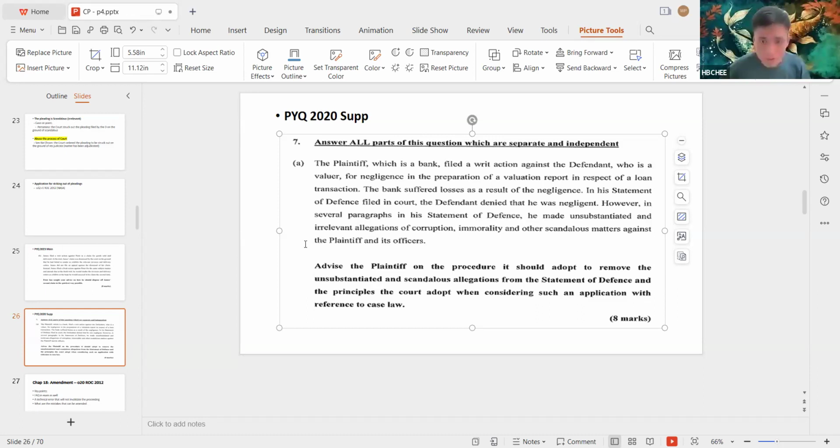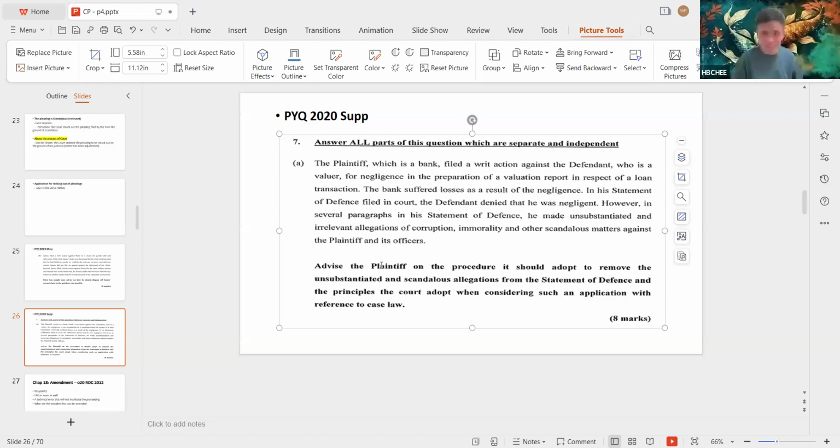Because the plaintiff is going to remove now. The main point is whose pleading has the problem. If yes, then the plaintiff is advised to strike out the pleading filed by the defendant. This is the essence.